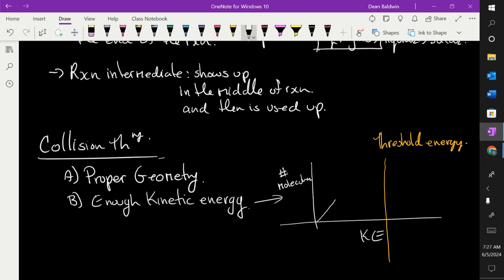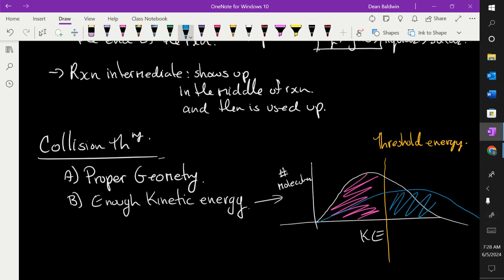At the lower temperature, the curve sort of looks like this. Most of the molecules are over here with not enough kinetic energy. When you increase the temperature, the distribution changes, and you get more molecules over here that have enough kinetic energy to react. That's why the reaction is faster. So the blue is the higher temp. You have more molecules pass the threshold, so they're able to react. Okay.